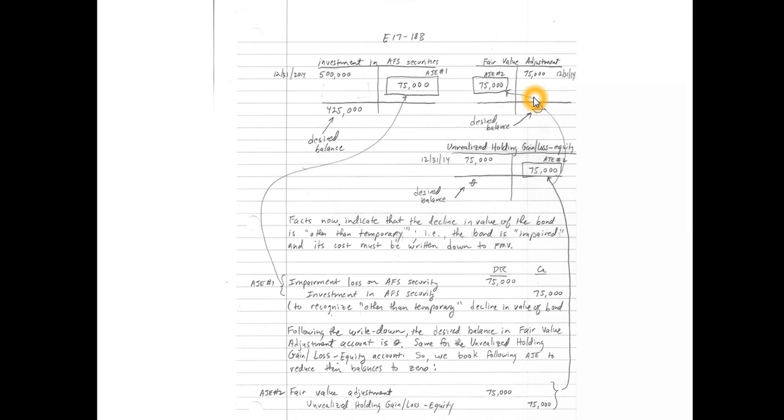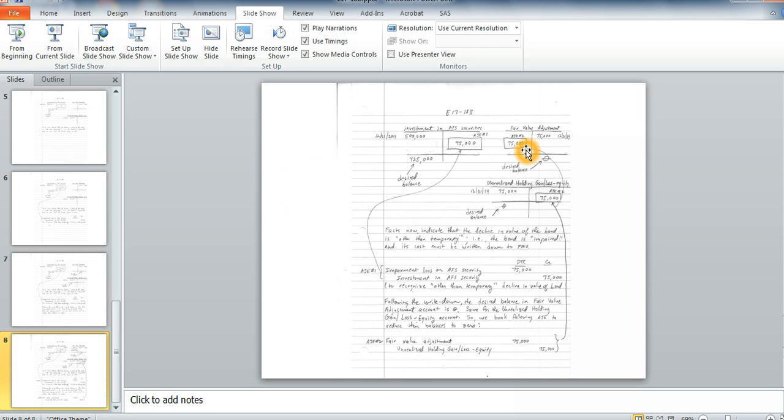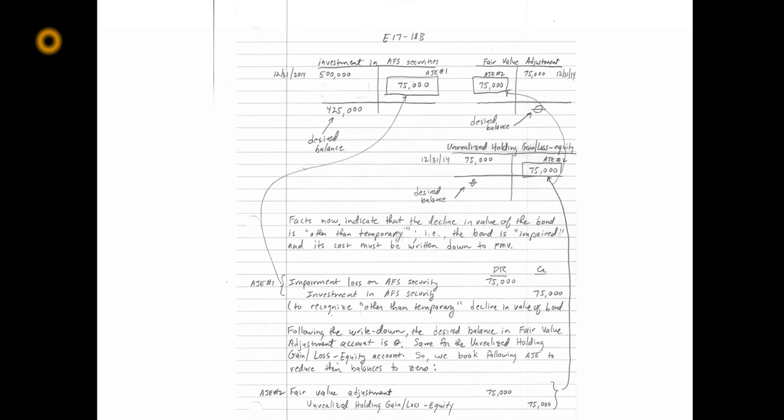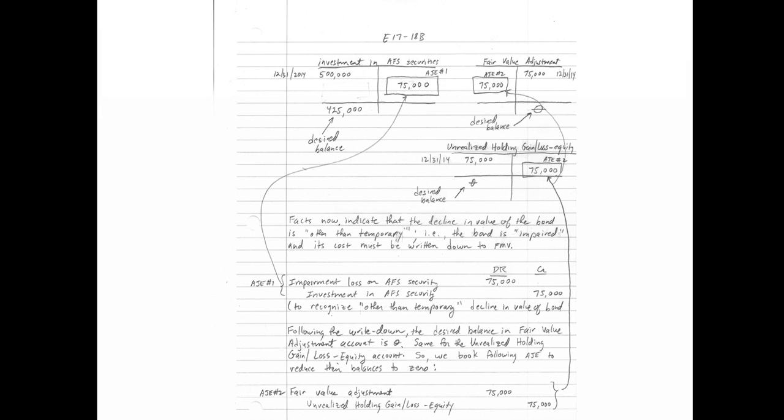When we do that, the balance in the fair value adjustment account is going to be 0 as we desire, and the unrealized holding gain or loss account is going to be 0 as we desire.